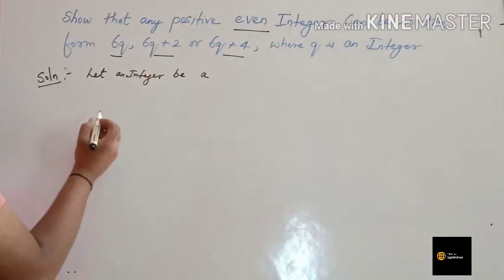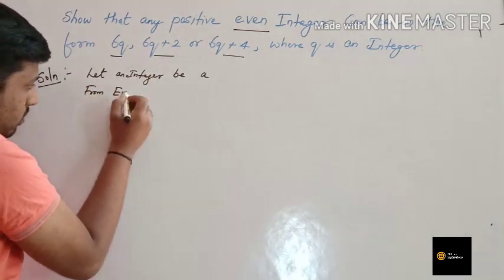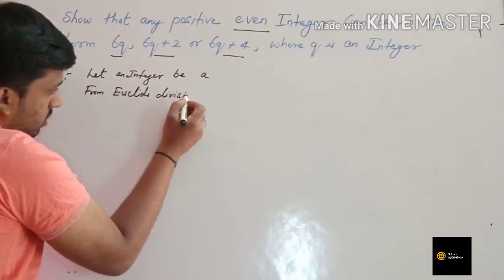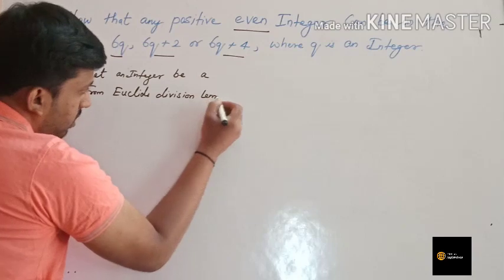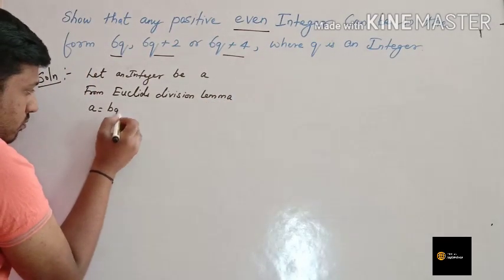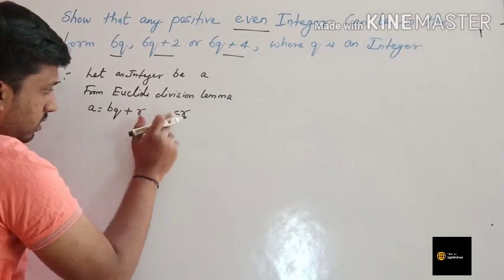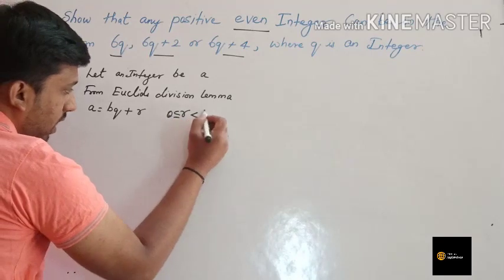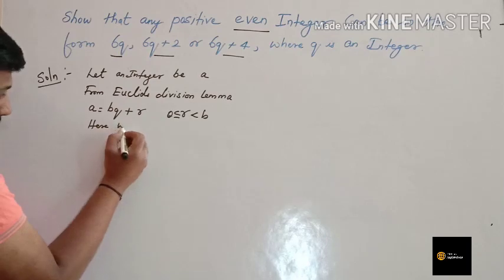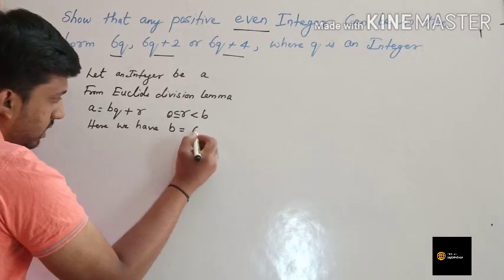Now, according to Euclid's division lemma, a is equal to bq plus r, where r is between 0 and b. So here we have b is equal to 6.